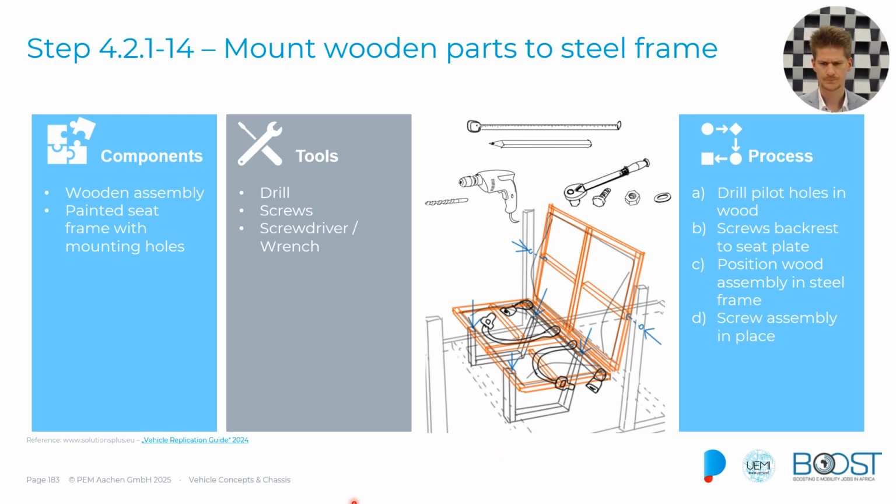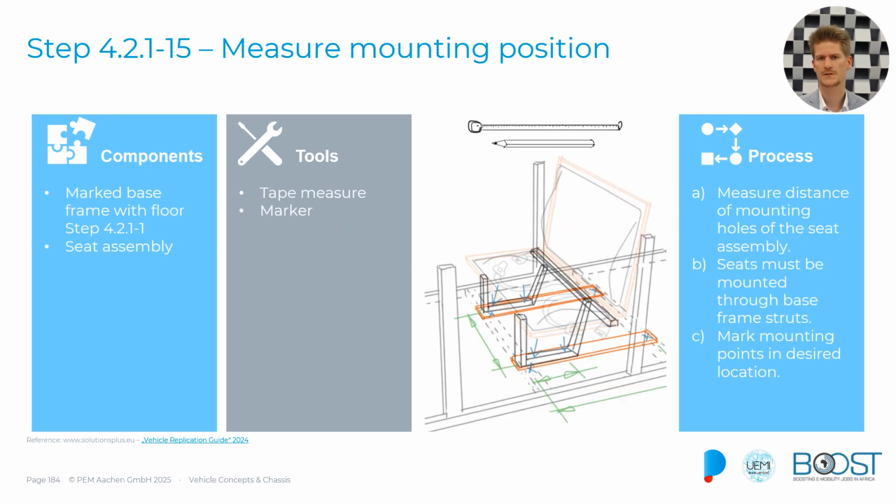So all these things should then be secured tightly, and by this stage of the process we now have our backrest and our seating pan with the seat belts mounted to the support frame.